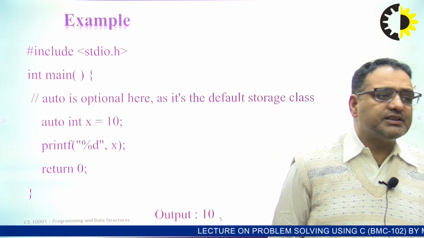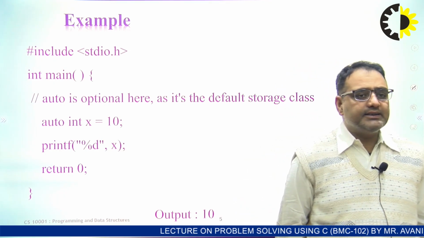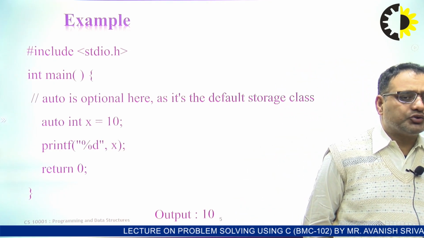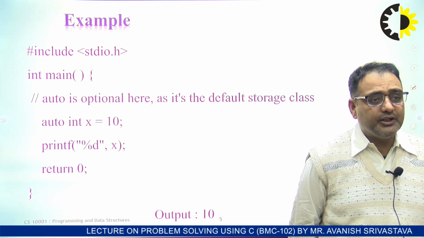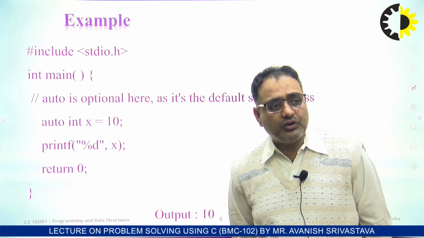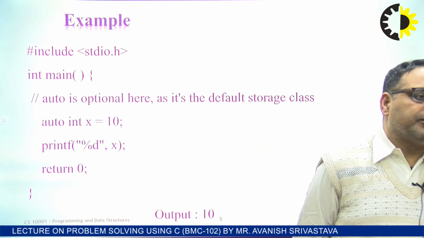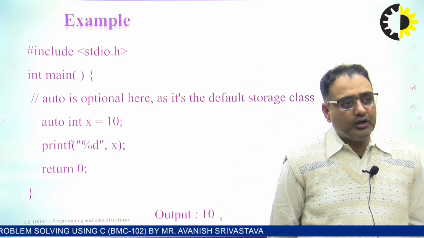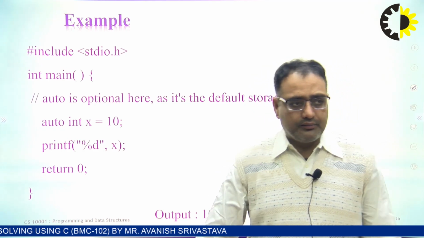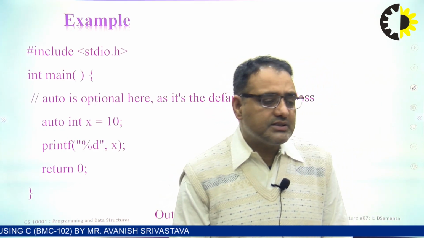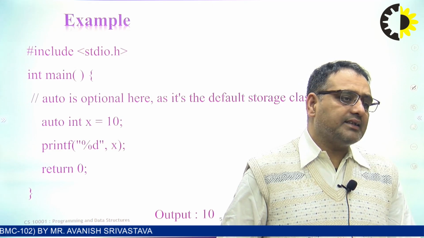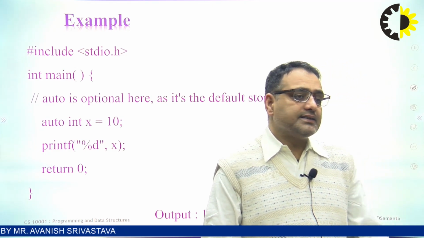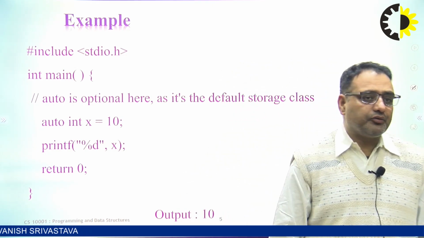Here x is declared within a function, and this function is known as main. So here x is a local variable, and this local variable is also known as an auto variable. So auto may be optional. You may or may not write the auto keyword before int x. So it is optional here. So it is the default storage class.